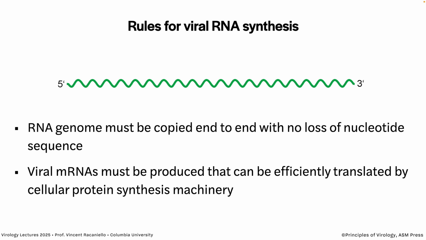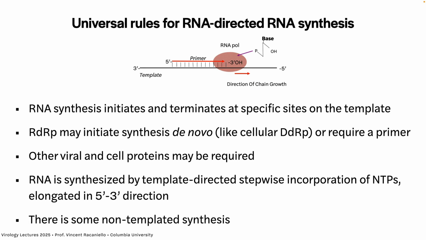And secondly, from this viral RNA, you have to make messenger RNAs that the cell can translate to make proteins, right? Now, sometimes the genome is the mRNA, but not always. Sometimes it's not. If it's negative-strand, it's not. And even for some plus-strand viruses, it's not mRNA. Like retroviruses, the plus-strand RNA is not messenger RNA. It's not translated when it gets into the cell. All right, so these two rules, very important.